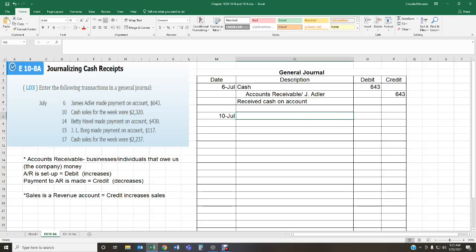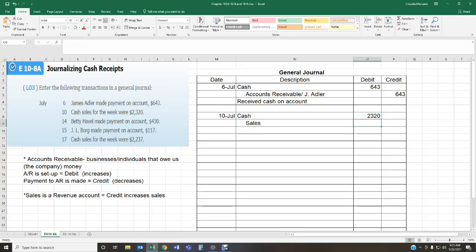So when we made these sales, what did we receive from our customers? We received cash. How much cash did we receive? 2,320. Now, these are cash sales. The customers paid us right there and then. So what do we have to record now? Well, we have to record the sale. So now I'm going to credit my sales account.